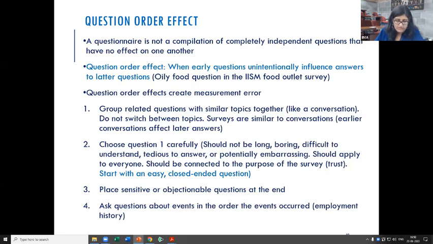Okay, question order effect. A survey is like a conversation that you have with anyone. What you talk about at the beginning also influences what you talk about later on. So if you've talked about how much you are struggling at your current institution and how much you don't like it, you're more likely to say that, oh, I don't get along with my boss so much.